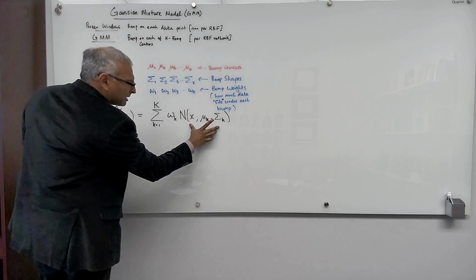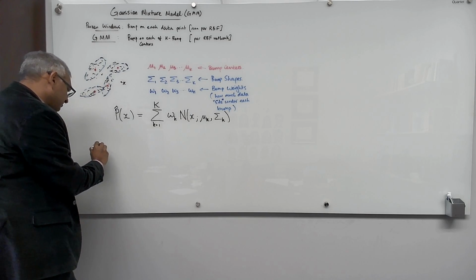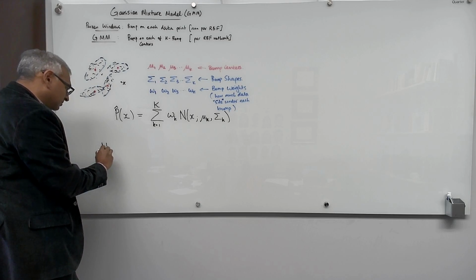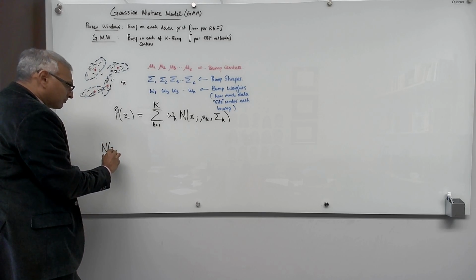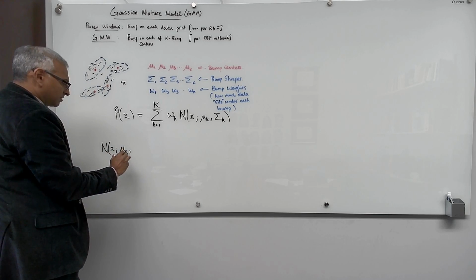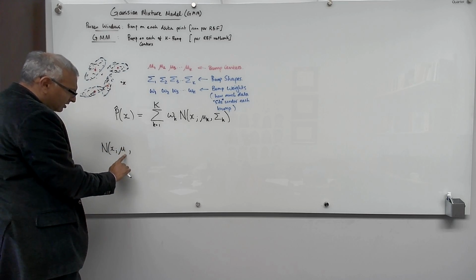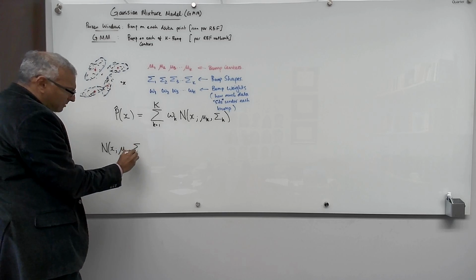It's basically that this bump is a Gaussian density. So n of x, the Gaussian density, given the center, mu, let me call it just mu now, and the shape parameter.